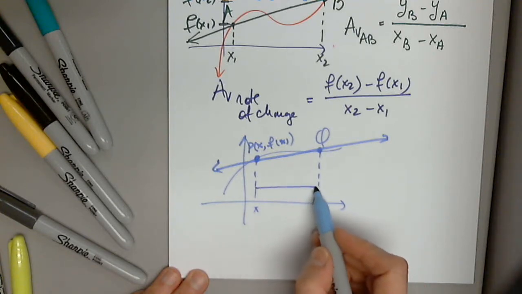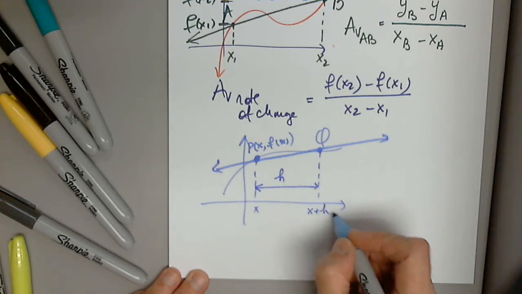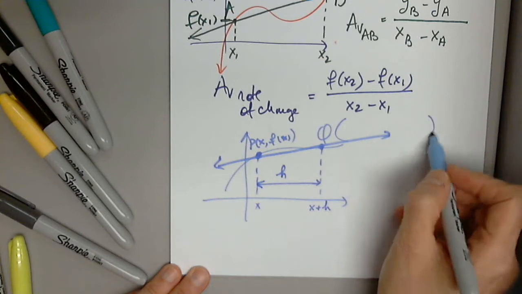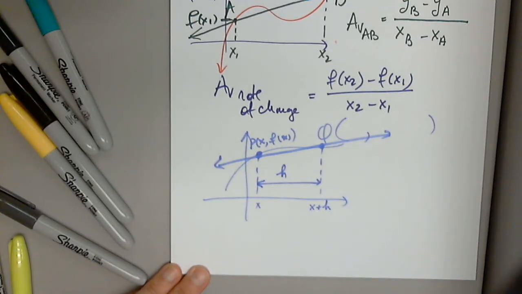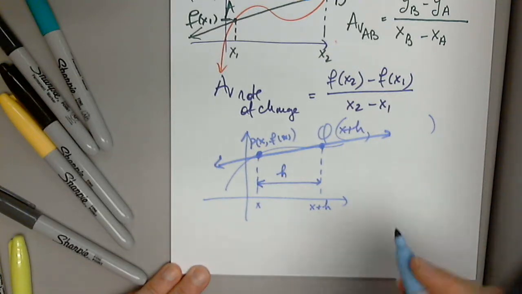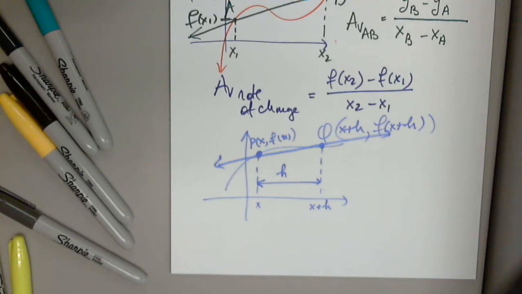What was this distance? H. Very good. So this is x plus h. And what are the coordinates then of Q? X plus h, f of x plus h. Excellent. Very good.